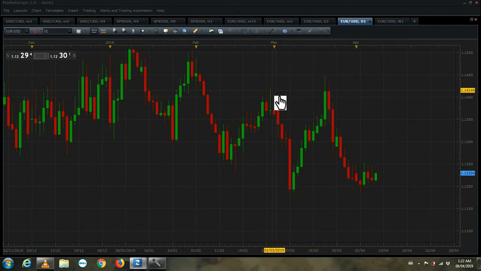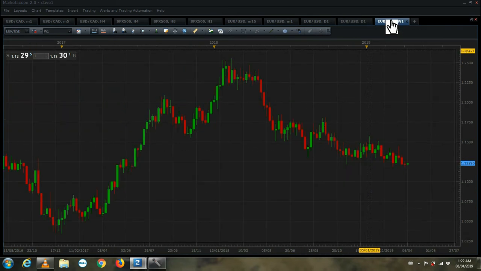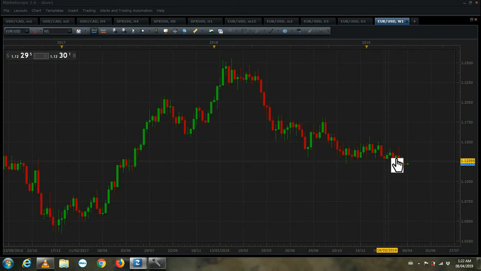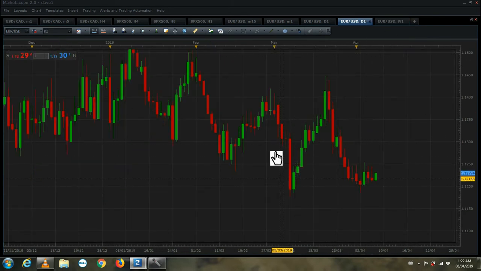So it went down, then up, and then it came back down again. And that's how you read that candle. You read those 4 candles in this big section. 4 candles represent this movement.